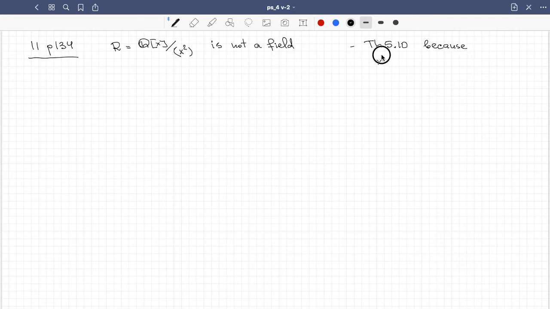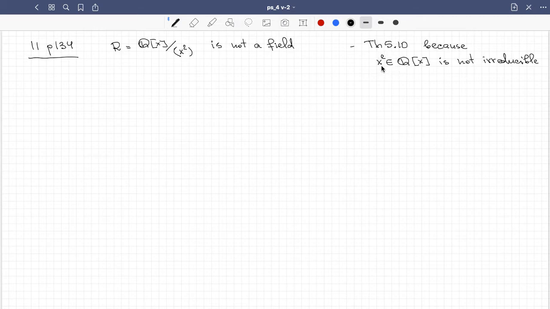X squared, a polynomial, is not irreducible. X squared is x times x.